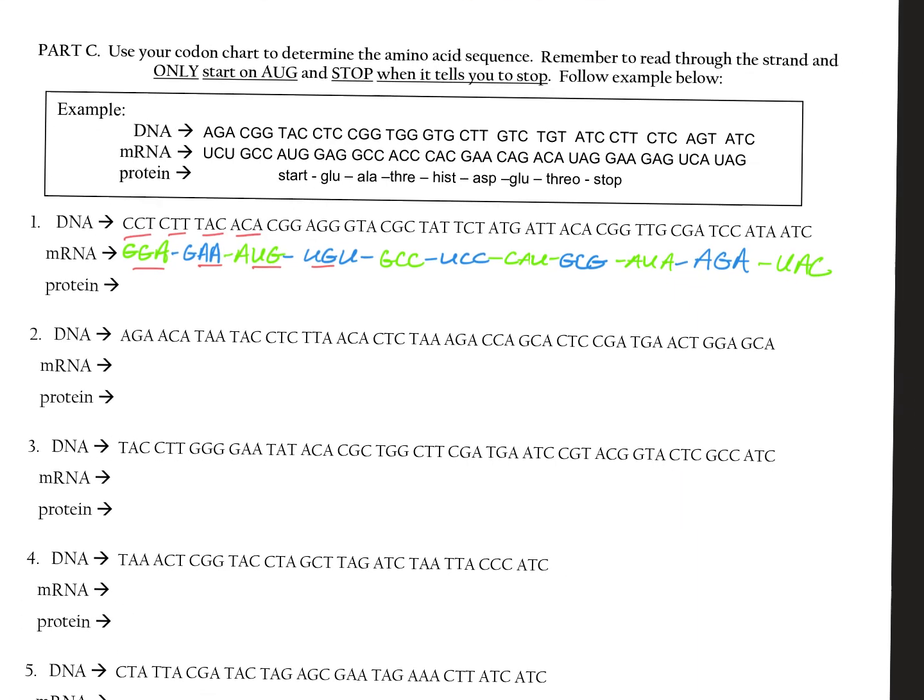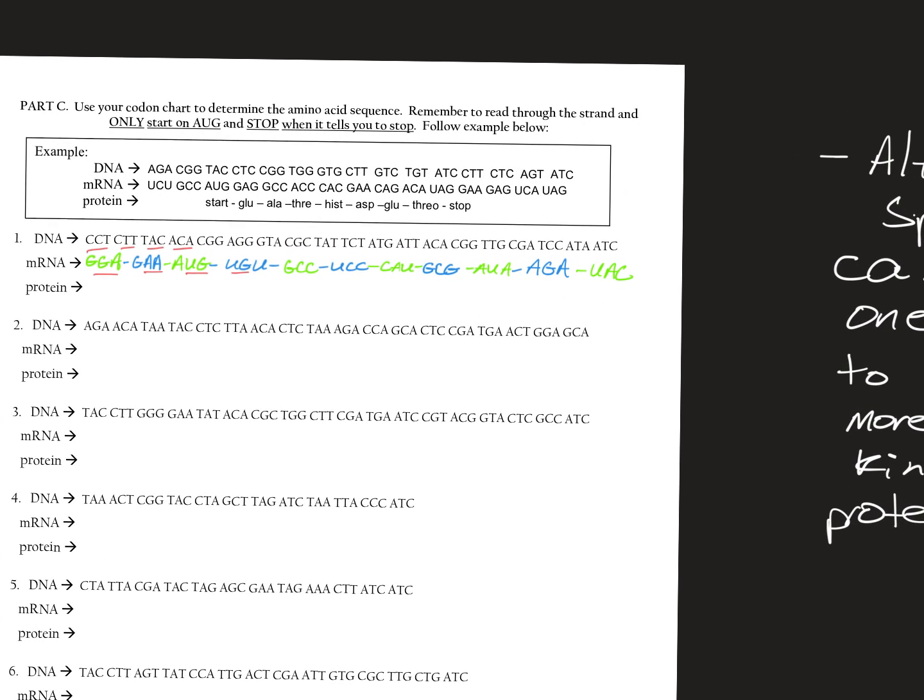And the next one? Are there any others after UAA? What are they? Is it a stopping one? Is it not a stopping one? That's my question. So where would I go? I would go here. Yes, it's stopping.